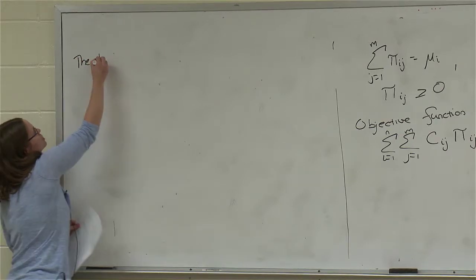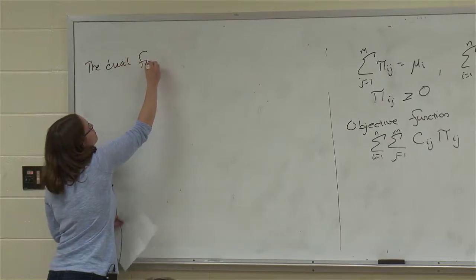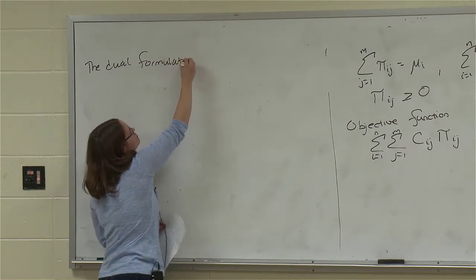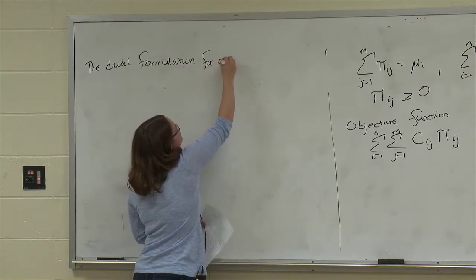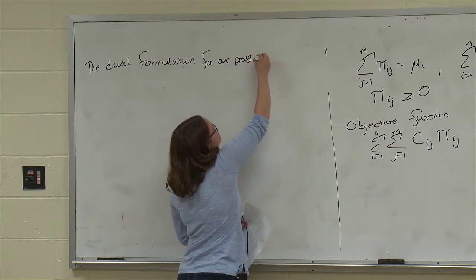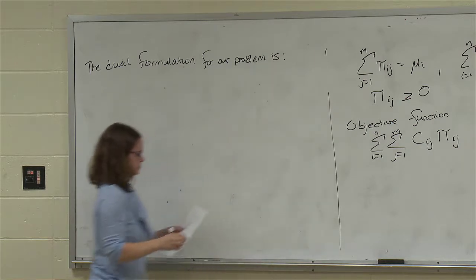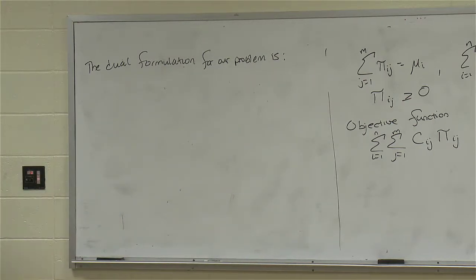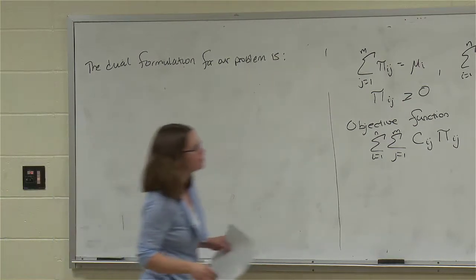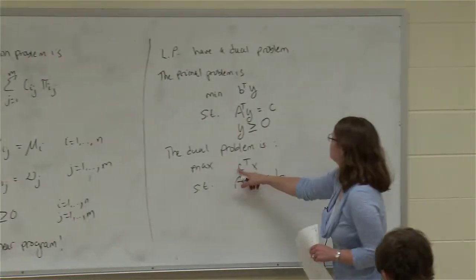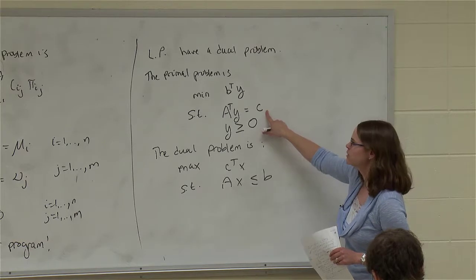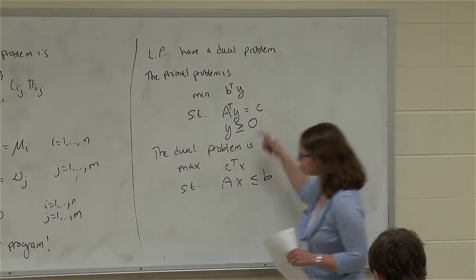So the dual formulation for our problem is, okay, so what do we need? We have a new maximization problem. So what's playing the role of C here? C is the right-hand side of our constraints.